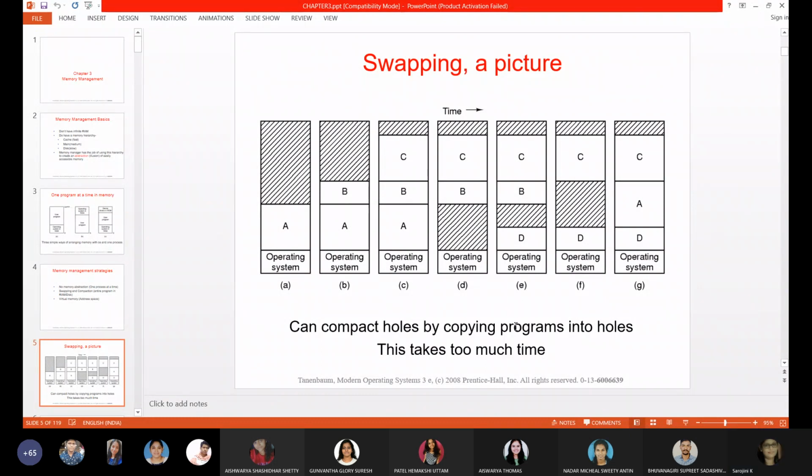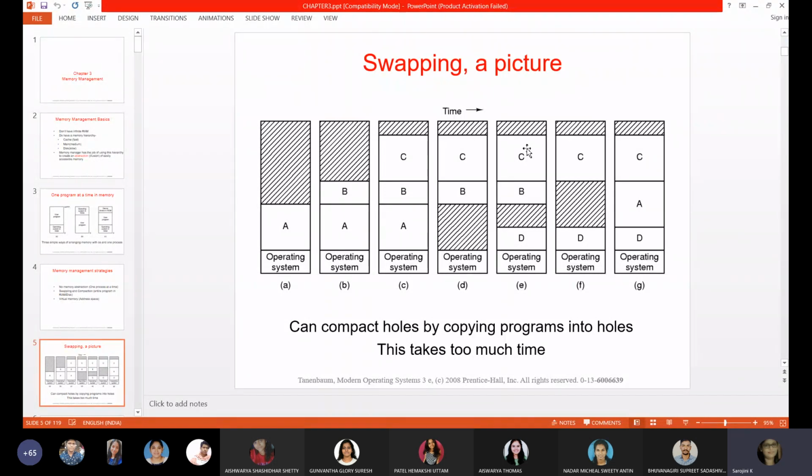But compaction is not a simple process. This is a small diagram with only 2 free spaces, but actually there are so many scattered fragments, and you have to keep all of them together. That will take a considerable amount of time.